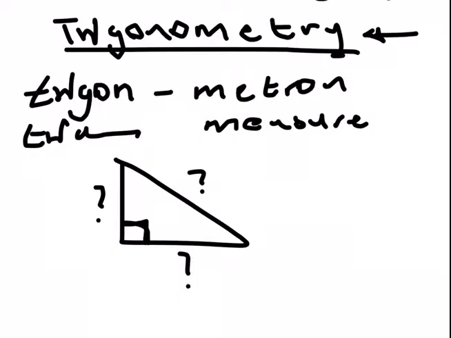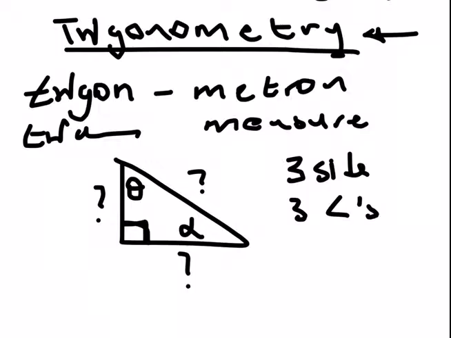Already we know that this angle is 90 degrees. What about that angle, and what about that angle? The moment we are able to calculate the 3 sides and the 3 internal angles, that's when we have mastered this lesson for today, which is about measurement of a triangle.